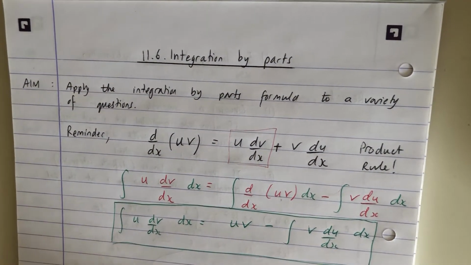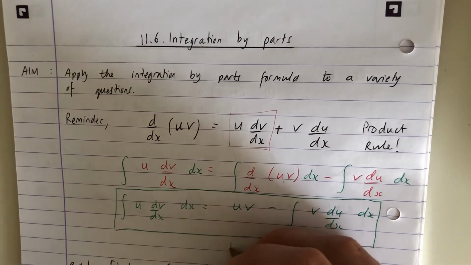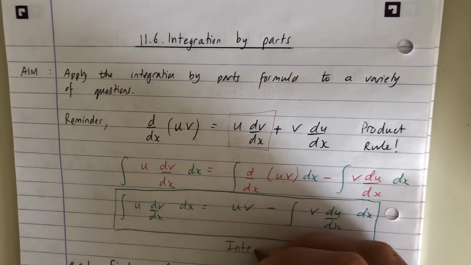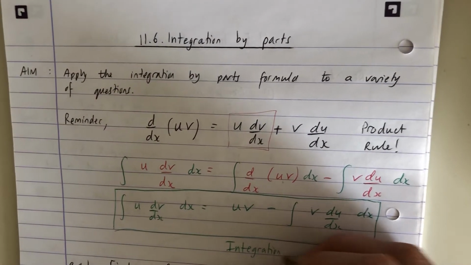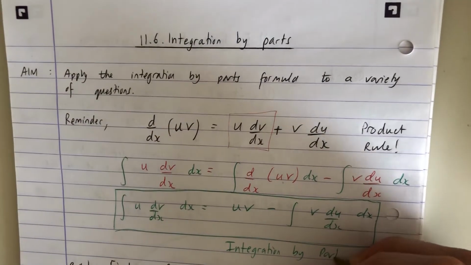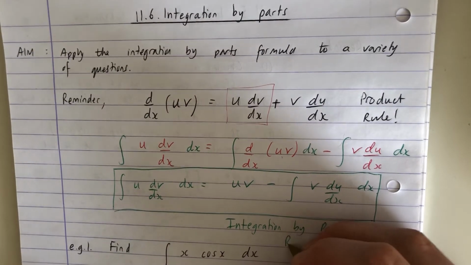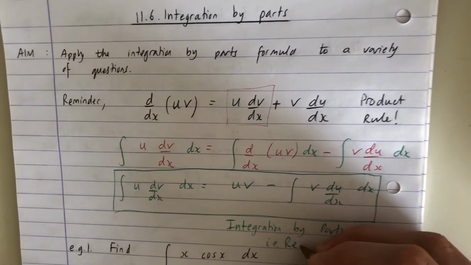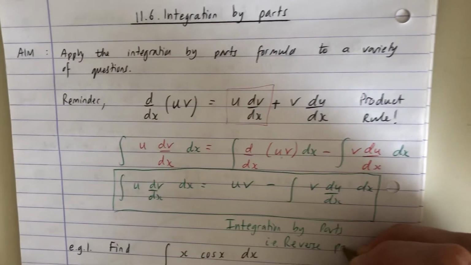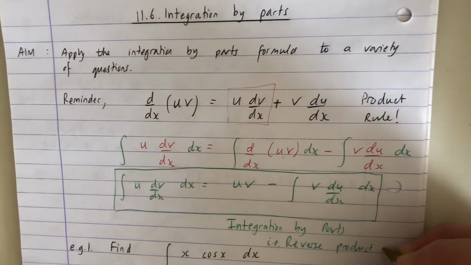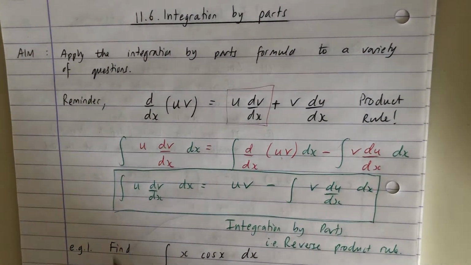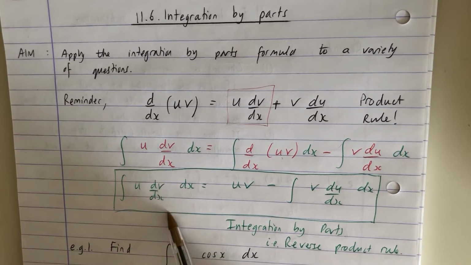And this is a formula called integration by parts. And it's effectively the reverse product rule. Because you're going to end up starting with two functions.